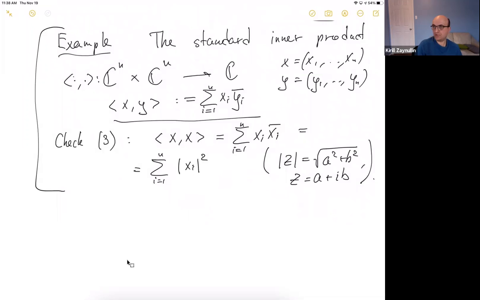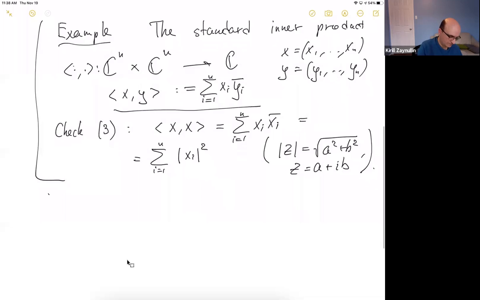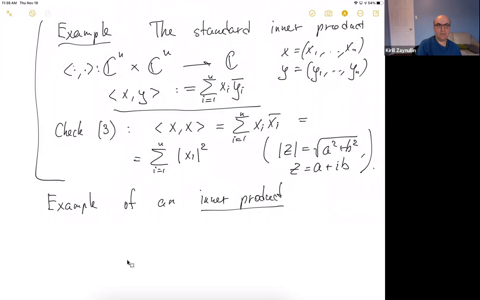However, there are a bunch of other examples, and let me mention another one of an inner product, which is also pretty important. It is very important in applications, say in physics and engineering, and it deals with functions.